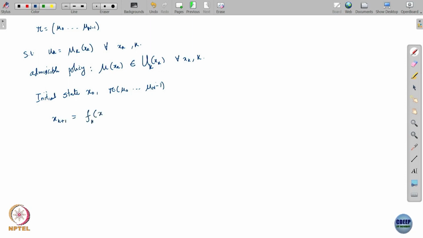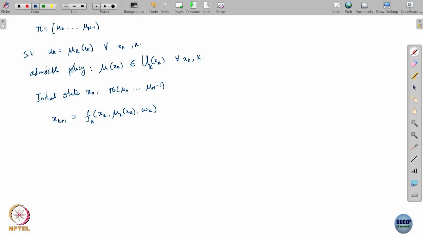So, you get more generally x k plus 1 at time k emerges as a function f k of x k and u k, where u k itself is simply mu k of x k, and the noise w k.